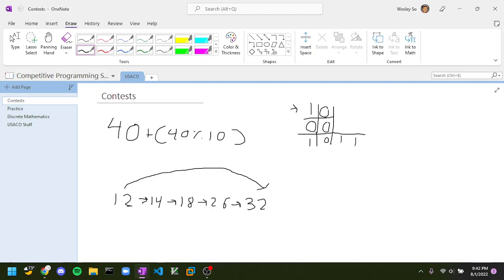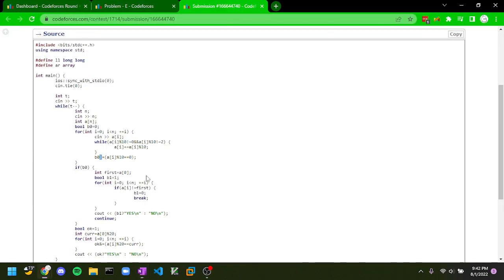So if there's 1 and 1, then there's at least one 1 in this, so it would be 1. So what this does is it checks if it's divisible by 10, and if it is, then this becomes 1, and it can never turn off. Once it is on, it never turns off.